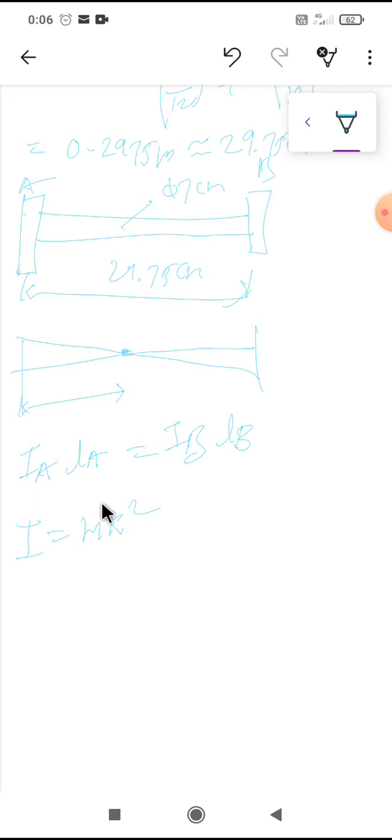But weight is given, and as we know weight is mg, so m will be w by g. So IA will be w by g into k square. What is w for A?